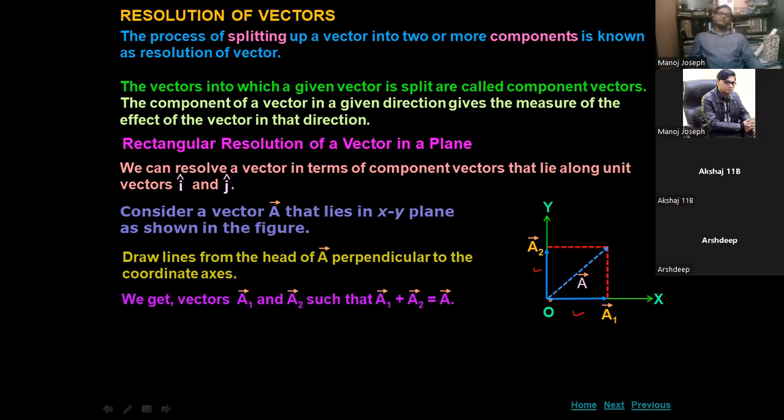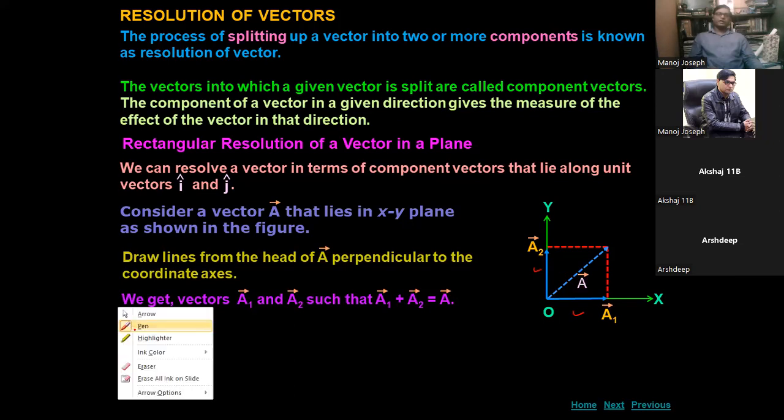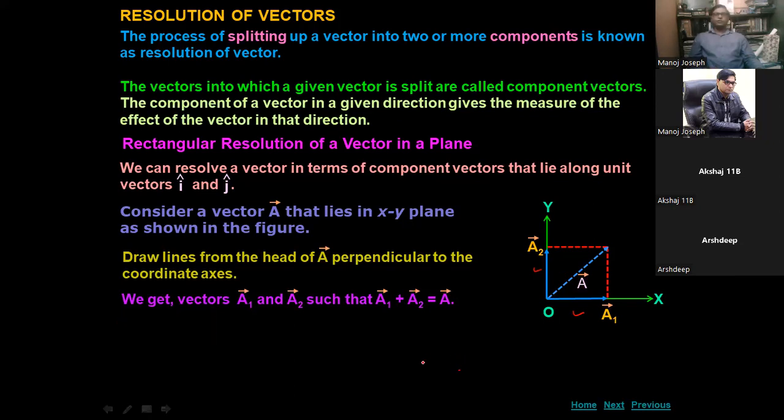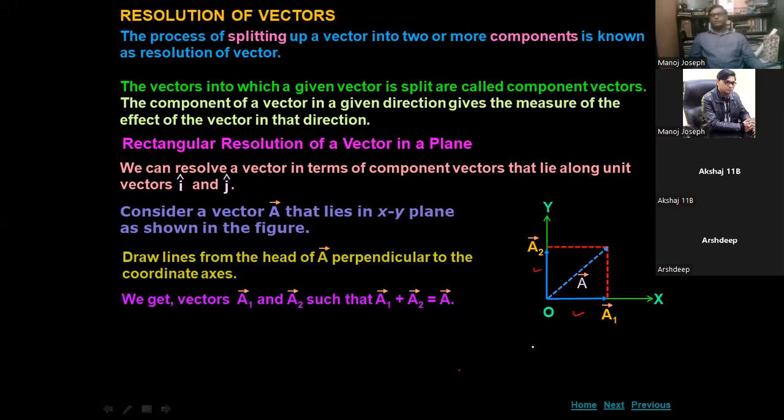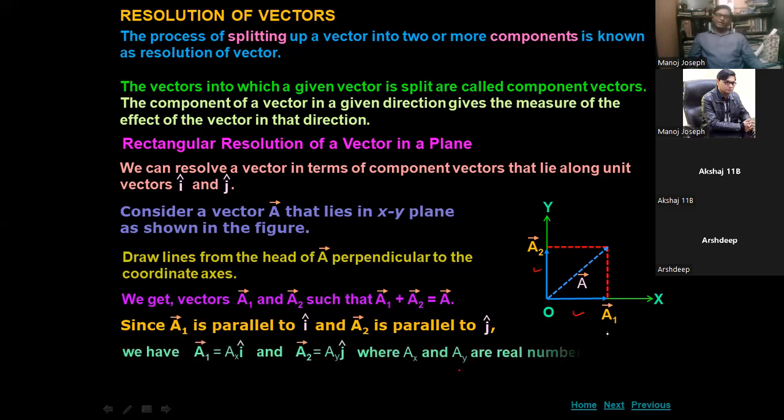Then again we can say it is the diagonal which represents the sum of vectors A1 and A2. So how to represent these? We will represent these with respect to the unit vectors along the x-axis and y-axis. So A1 will be calculated in terms of I cap, and A2 will be calculated in terms of J cap.